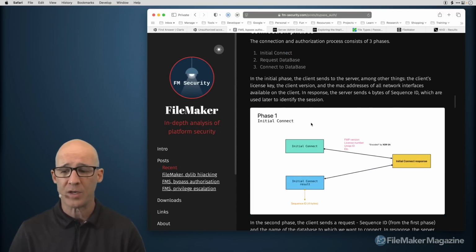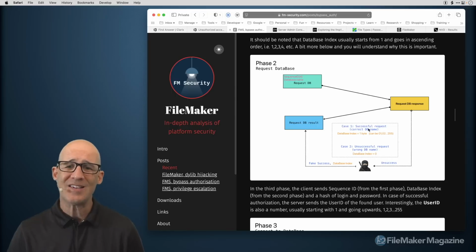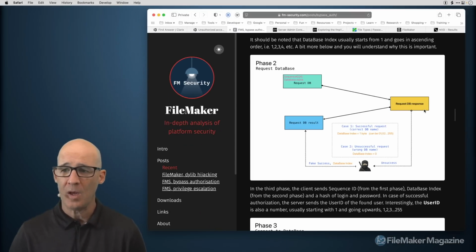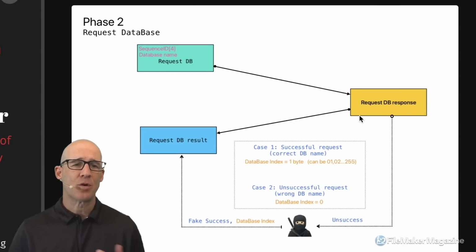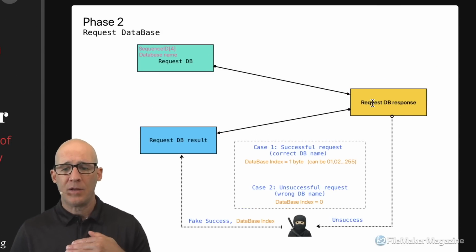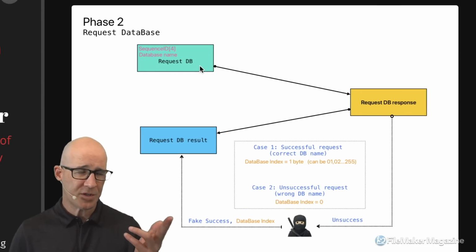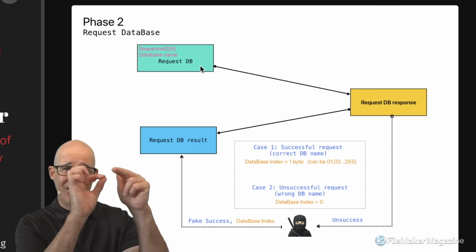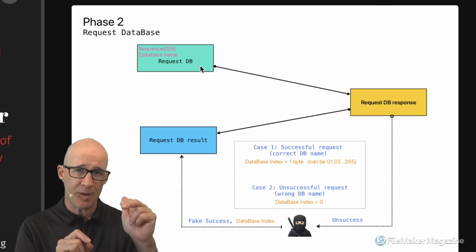It is thorough. It is great. But if we get to this graph right here, where phase 2 and phase 3 are roughly the same thing, what he's got in this graph is your client can make a request to server. Server will give back a list of the databases and little IDs for each of the databases.